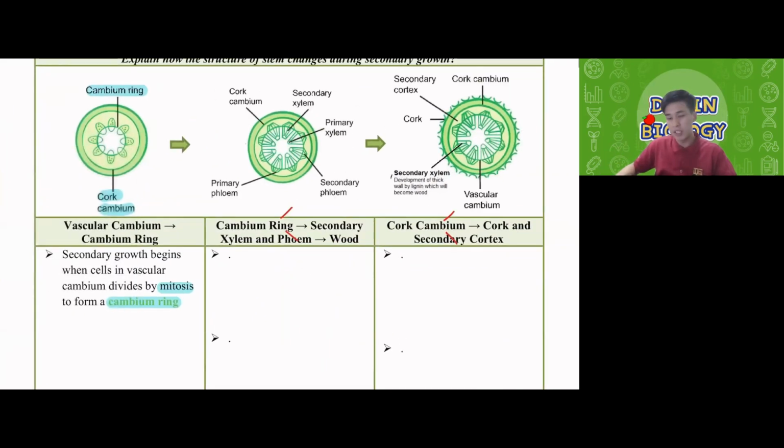To remember this easily, this is how I will teach you. So the two rings: vascular cambium and cork cambium. Vascular cambium will first undergo mitosis to form the ring, the cambium ring.